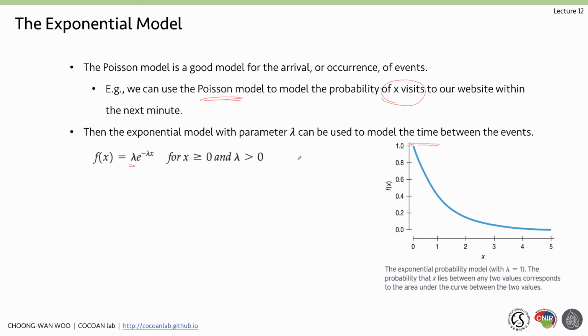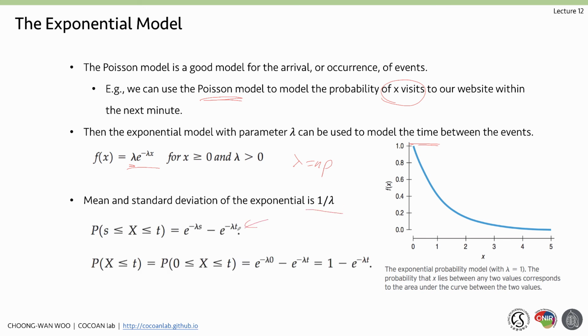So here lambda is still np, and the probability density function is defined with this equation. And the mean and standard deviation of the exponential is 1 over lambda. The probability of an interval is defined by this, which is very convenient, and the cumulative distribution function is also simple.